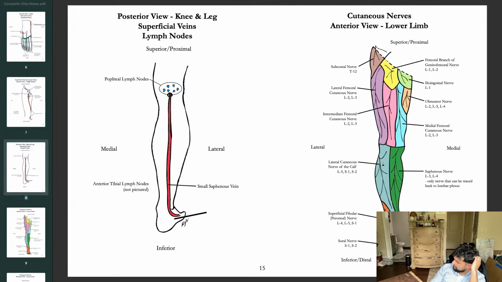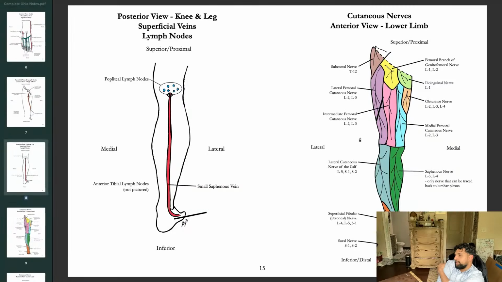Anterior thigh is going to be majority femoral nerve. This is not actually the best representation. Upper and lateral thigh, to the mid thigh region, is lateral femoral cutaneous. This is coming way too far down. It ends like right here, I'd say, so up until this portion, it's lateral femoral cutaneous.